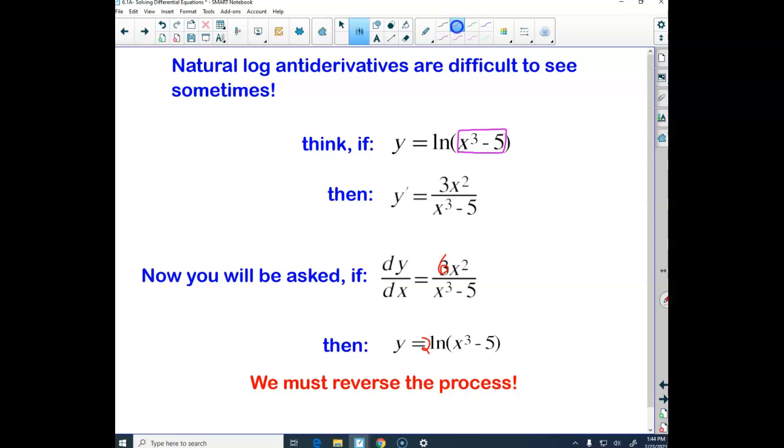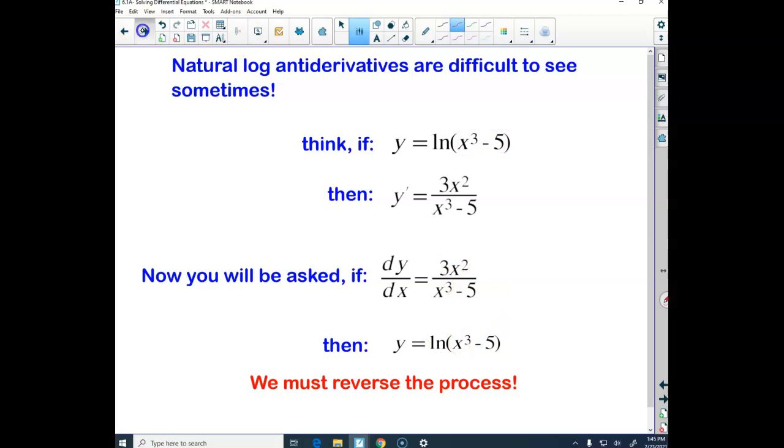Also, when I'm looking at logs, another common thing to identify is the power in the top is exactly 1 less than the power in the bottom. And that is due to your chain rule, due to the derivative of this getting popped in the top a lot of the time, okay?